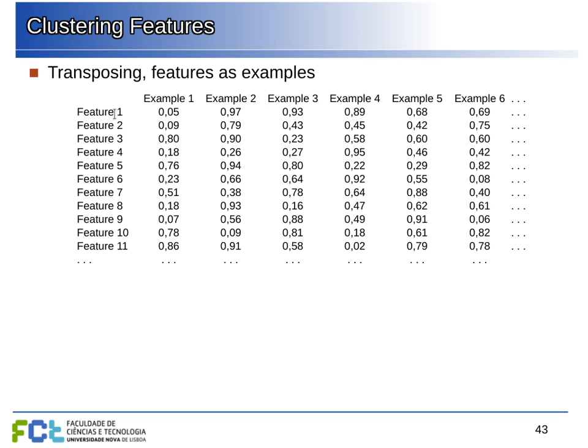So the first example in this transposed matrix would be a vector that has the value of feature 1 on example 1, of feature 1 on example 2, and so forth. So this would be one vector that will serve as an example, and this would be another vector that will serve as another example, and this is for the second feature, and so on.